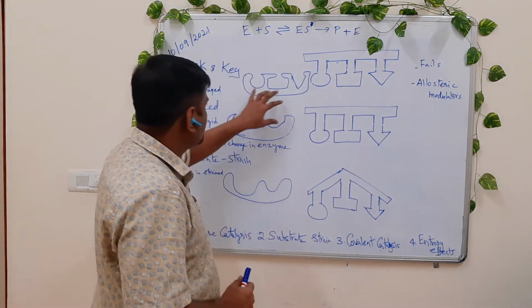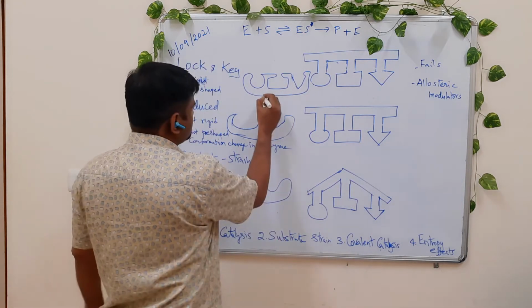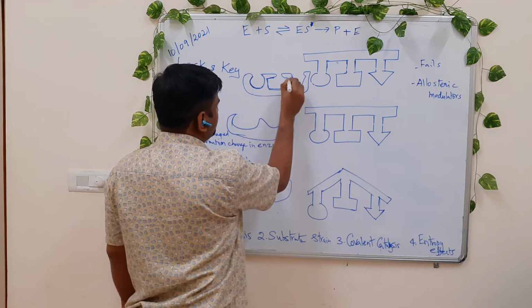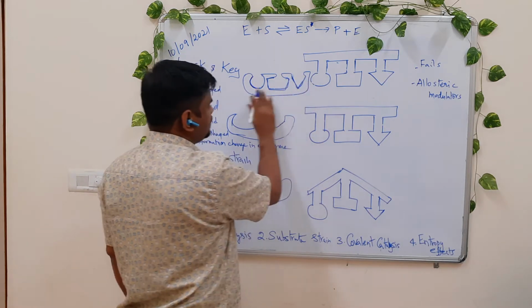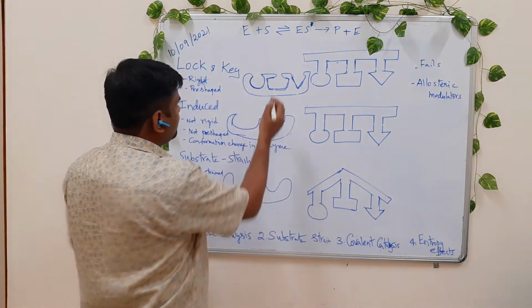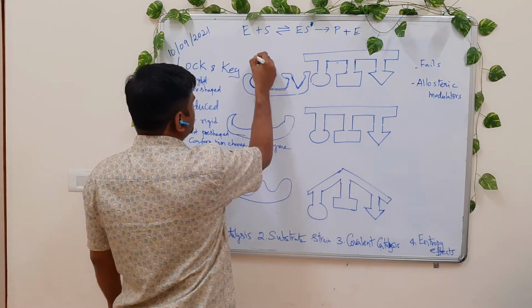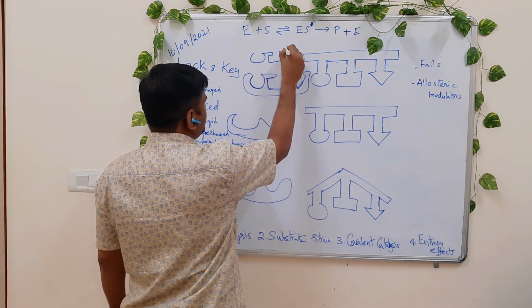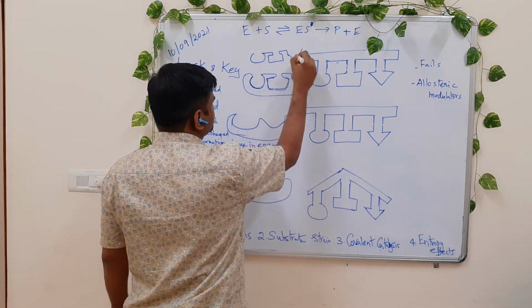Okay, if you consider the lock and key model, let me say this is an enzyme with circular, rectangular and triangle shaped active sites or binding sites. Let me have a substrate. The substrate will have similarly shaped parts.